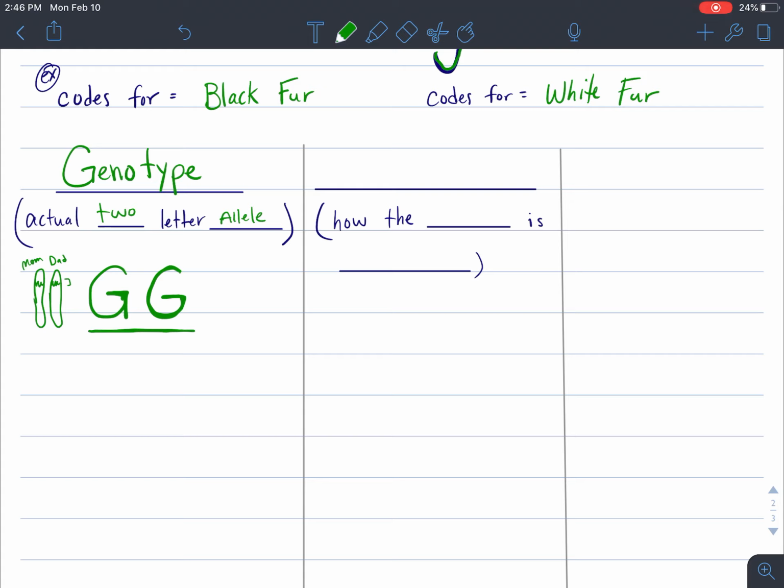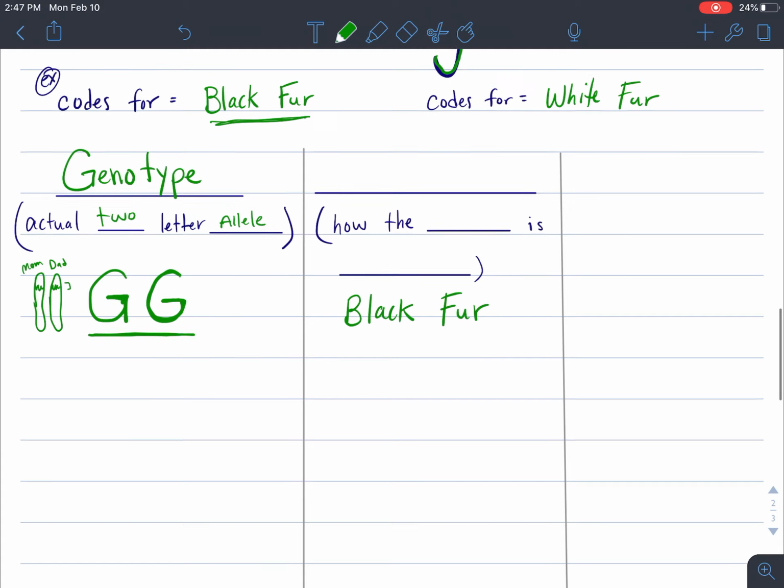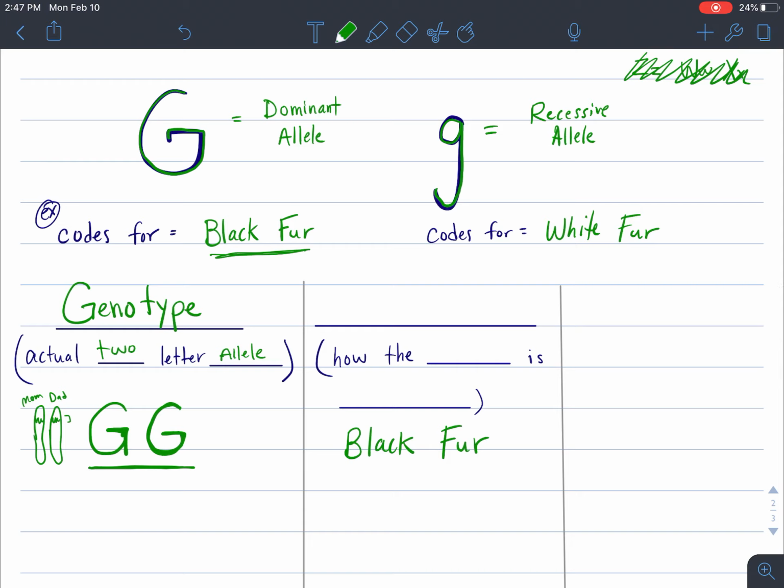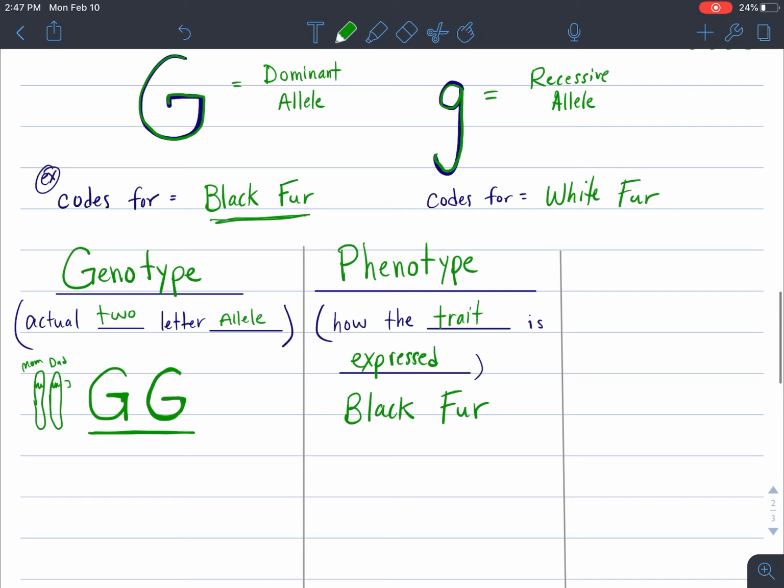So this baby would have black fur, and I know that because there's two dominant alleles. Remember, the dominant allele tells me that there's black fur. Well, how the actual trait is expressed, meaning how we see it, is called the phenotype. So the genotype are the two alleles. The phenotype is what it would look like.